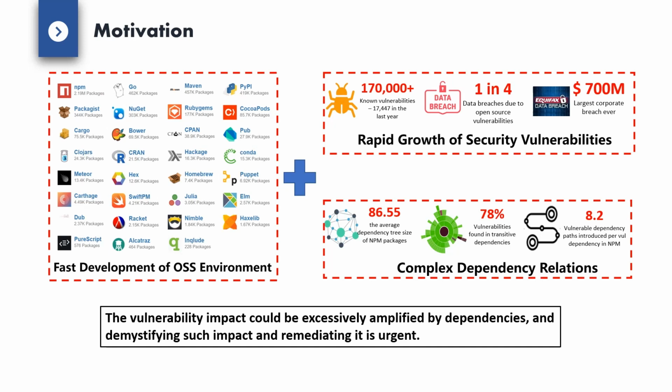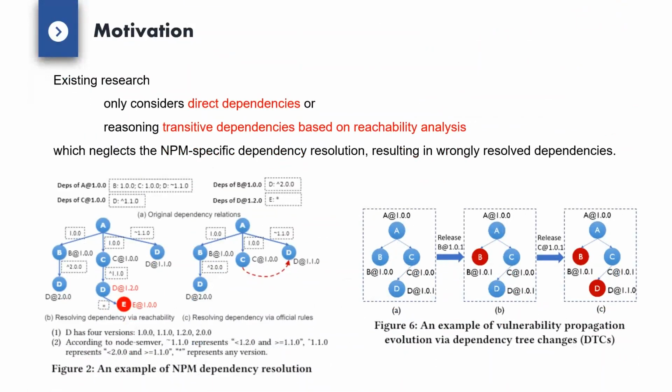NPM is one of the package managers that have the largest ecosystem and heaviest usage of third-party libraries. According to the latest statistic from NPM registry, there are over 2 million libraries published on NPM. There are also many existing works focusing on inspecting vulnerability impact in different ways.